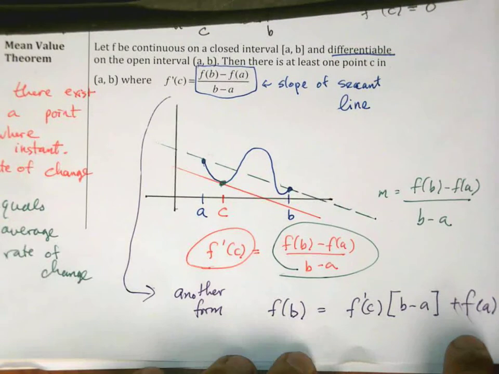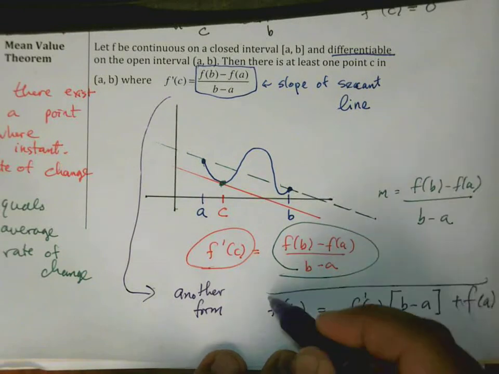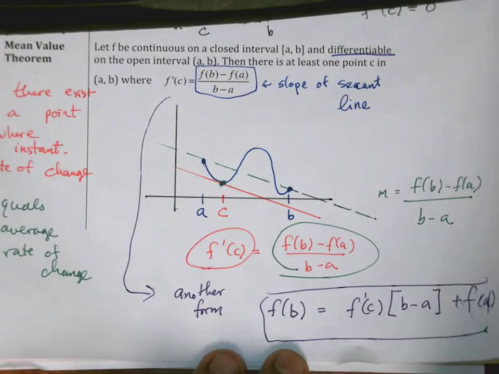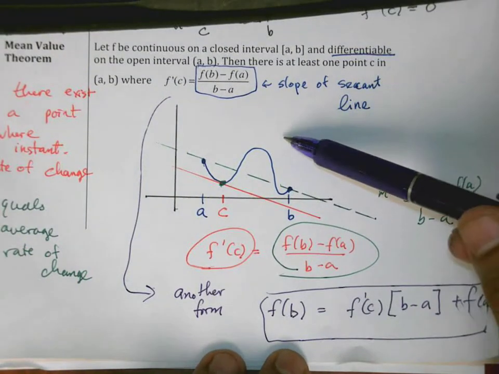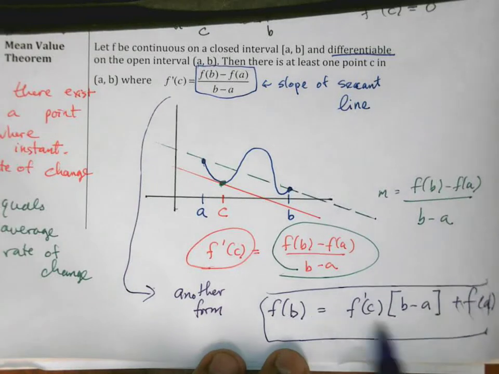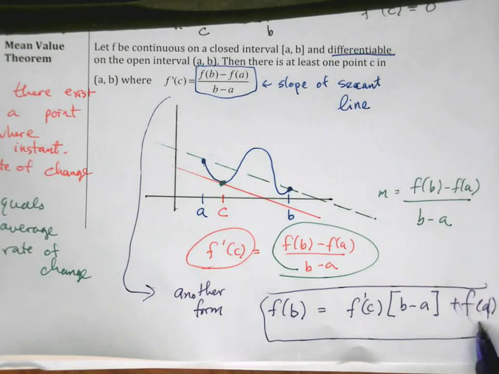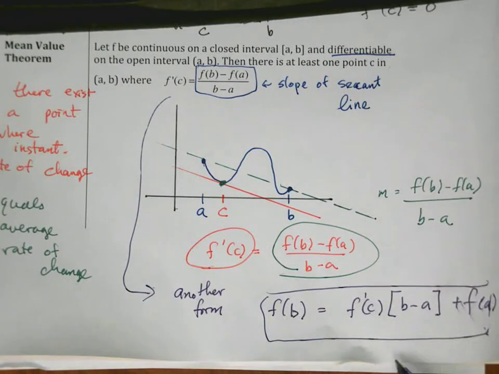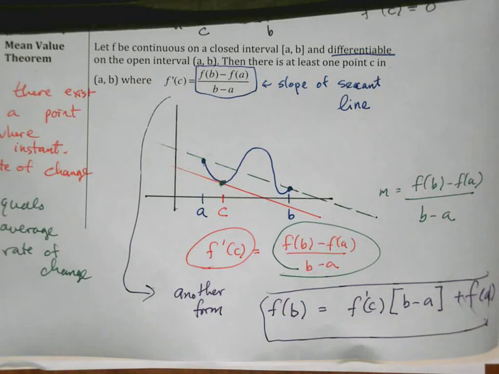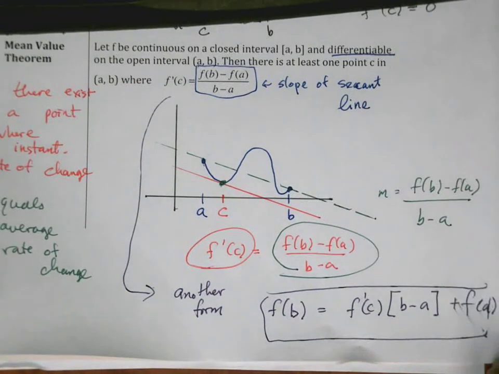If you take the equation up here and solve it for f of b, you get this result. We'll see in some examples why one version might be more helpful, or easier to recognize, than the other.